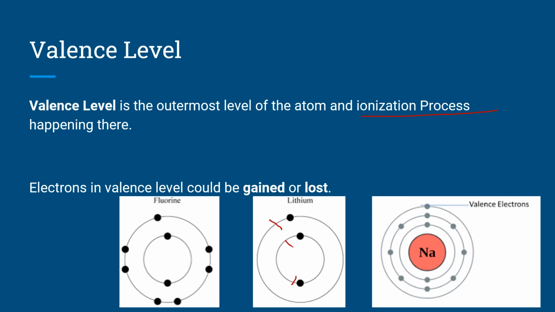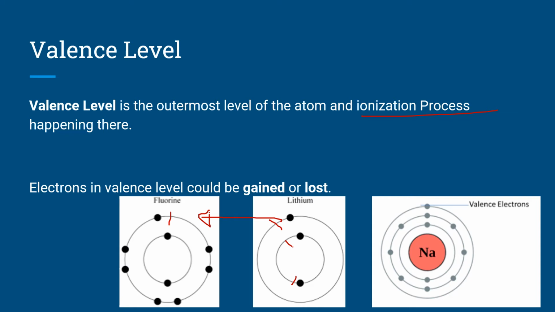So lithium would lose 1 electron, and fluorine has 2, 4, 6, 7 in the outermost level, and it can gain 1 electron. So lithium will lose one electron and fluorine can gain one electron.